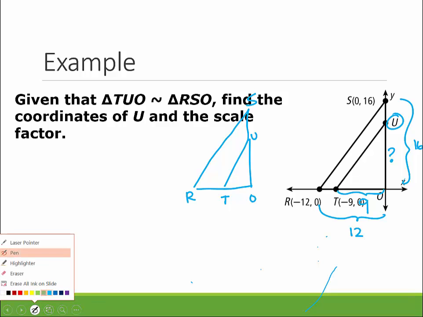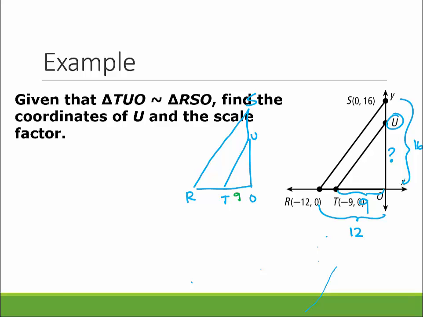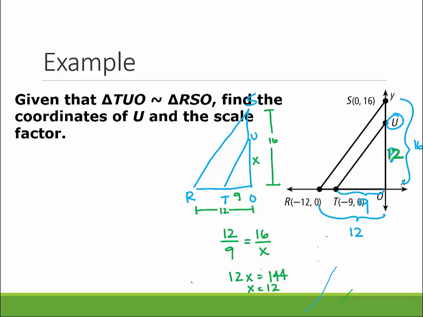So we know that this distance is 9, and this whole distance is 12, and then we know this whole distance is 16, and we're trying to find this one. So just like we did before, we can set up a proportion. I know 12 over 9 has to be related to 16 over x. And if we find our cross products, we get that x has to be 12. So this distance here is 12.